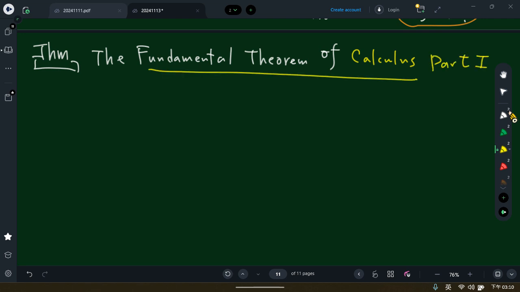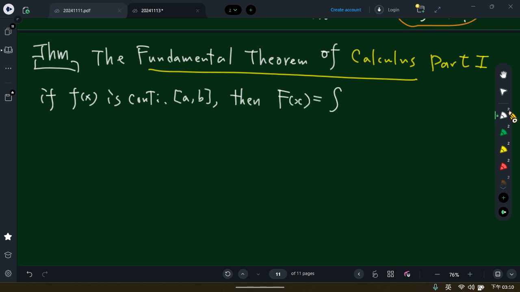If the small f of x is continuous on [a, b], then we define a big function F of x as the integral from a to x. Remember, a is fixed. x is variable. The new function will still be continuous on [a, b].